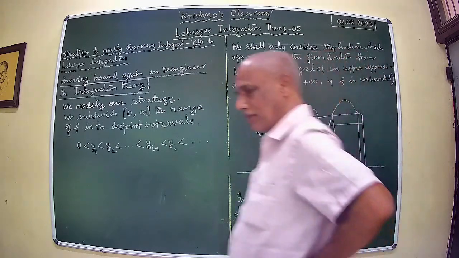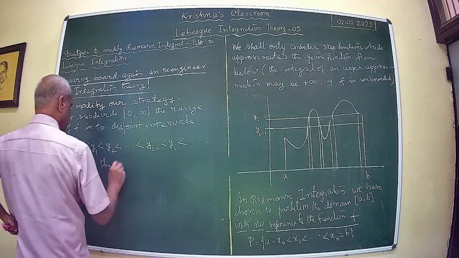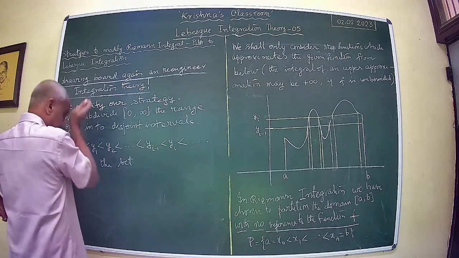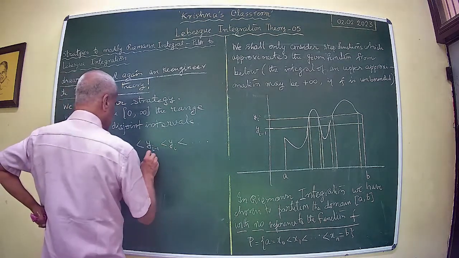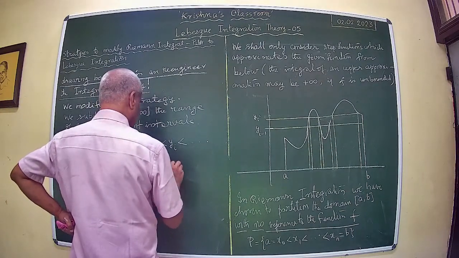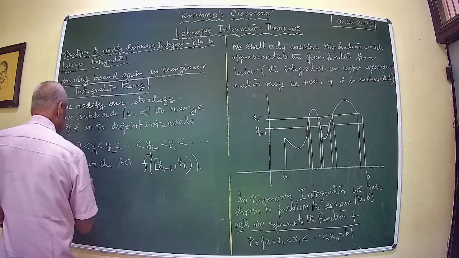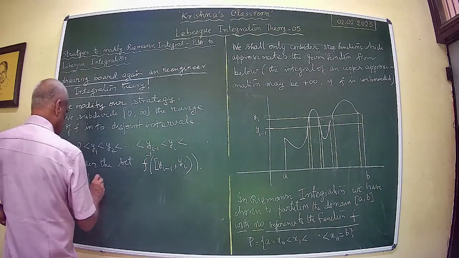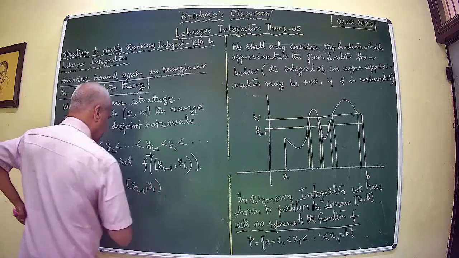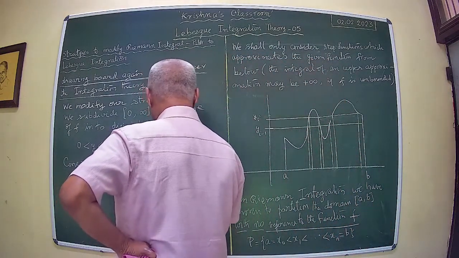Okay, so what we do is we now consider the set f inverse of L. That means the set of all x such that f(x) lies in L. Now this is a subset of the domain.